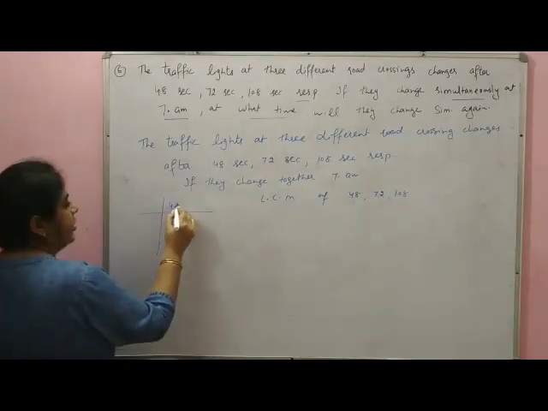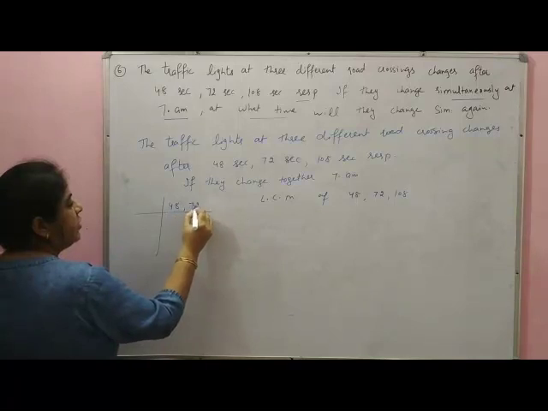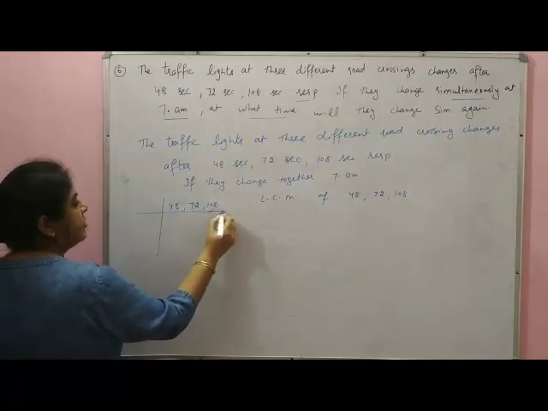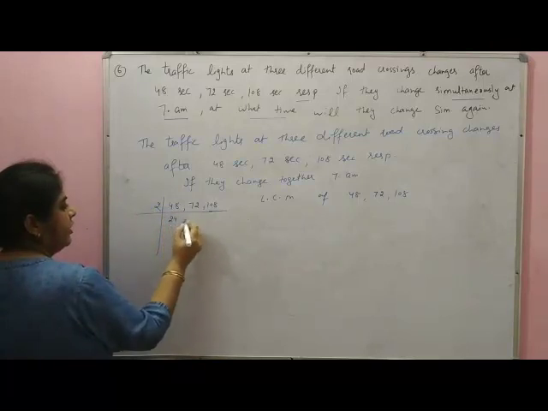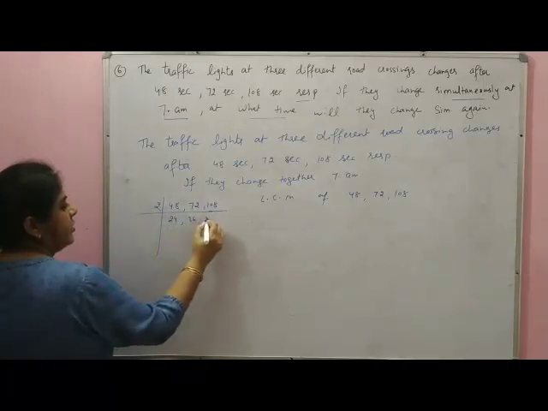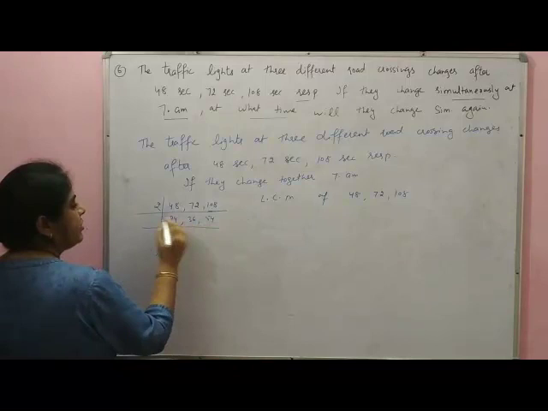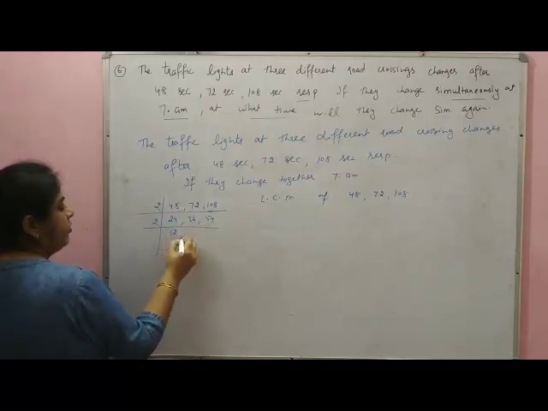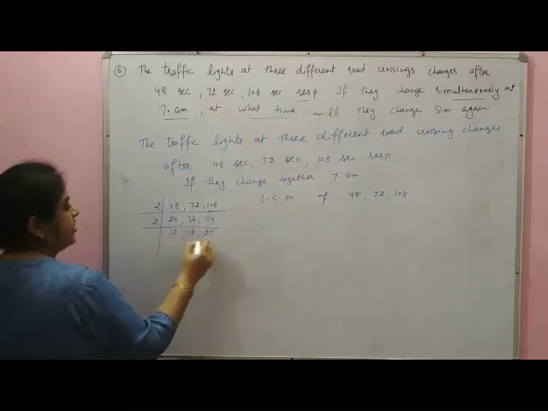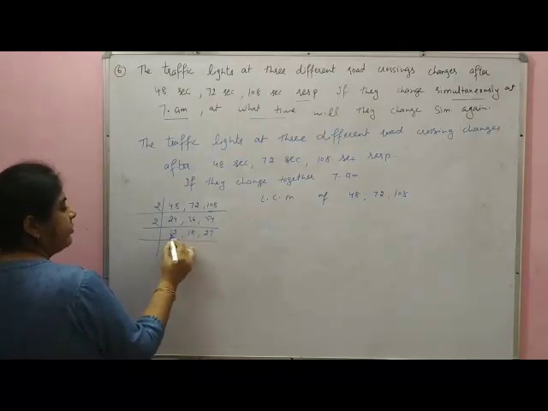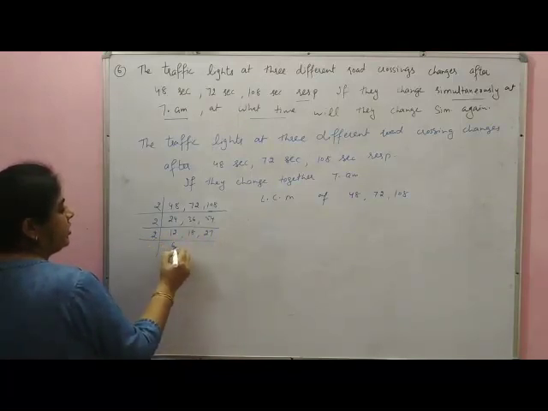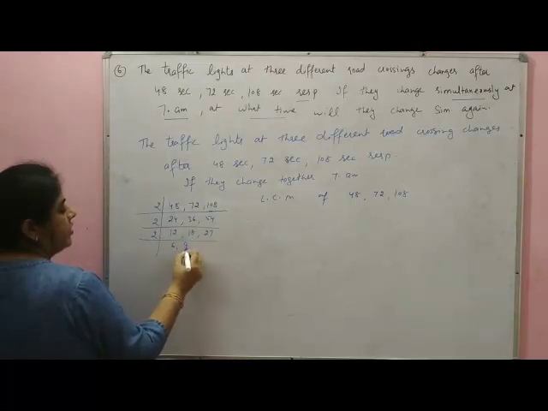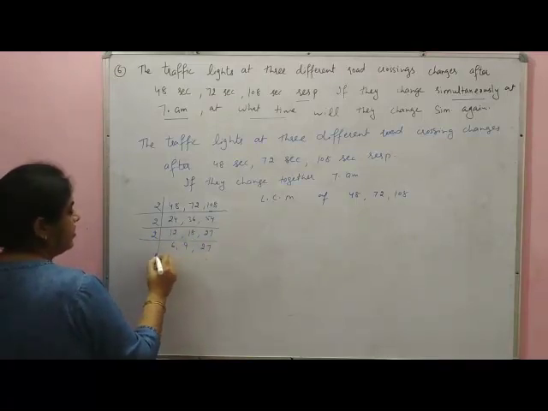Taking the common division method for these three numbers: all three come in the table of 2, 48 divided by 2 gives you 24, 36, 54. These come in the table of 2 again: 12, 18, 27. These two come in the table of 2, but this is not, so we keep it as it is: 6, 9, 27.